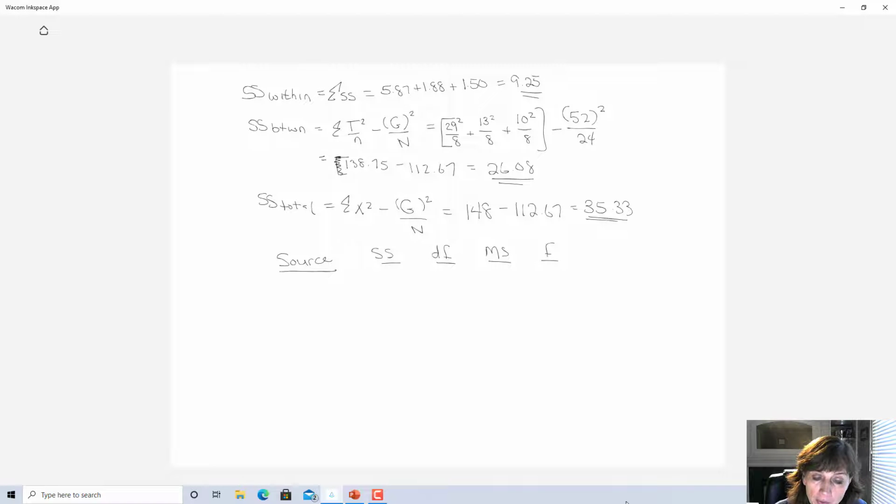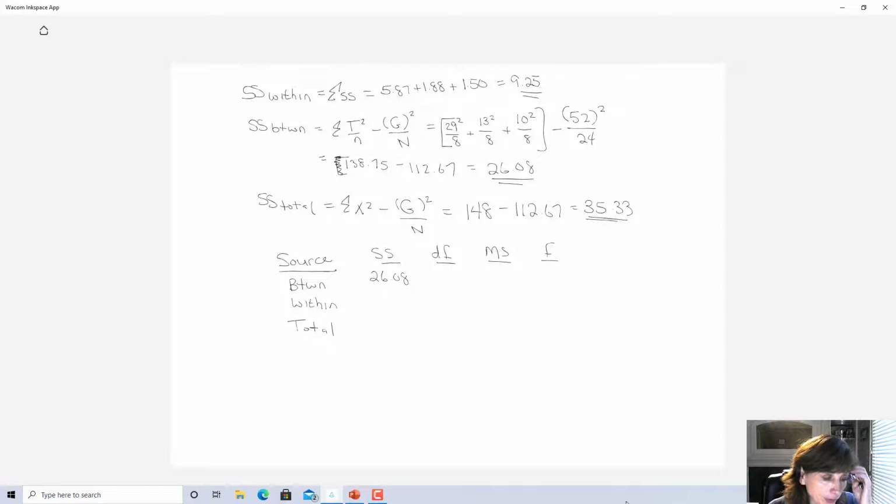Our sources of variance, remember what ANOVA is. We're comparing the variance between treatments and the variance within treatments. So we have different sources of variance, and then we also have a total. Our sum of squares between, which we calculated already, is 26.08.